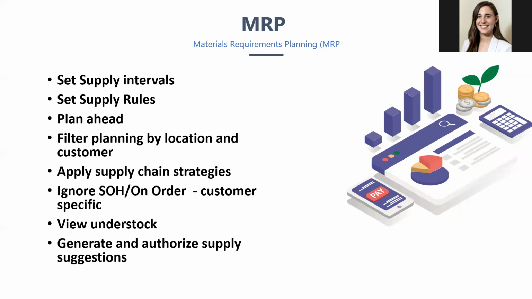You can also generate and authorize supply suggestions, based on available stock and replenishment rules. Transfer orders, purchase orders, and production orders can be created from the MRP view. So you can look at all your orders and also create the production orders from the MRP view. Very handy from that perspective.